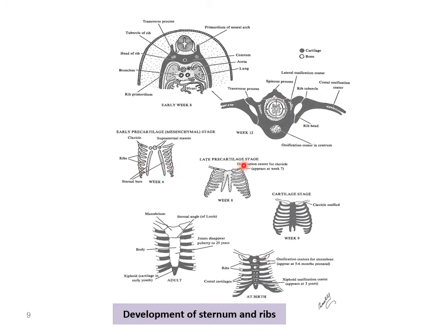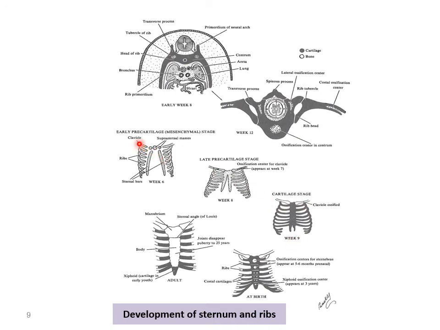In the late precartilaginous stage, the two sternal bars fuse up here with the suprasternal masses, and the upper ribs fuse with the sternal bars. In the cartilage stage, the sternum is now cartilaginous and is attached to most of the ribs, and the clavicle is ossified in week 9.